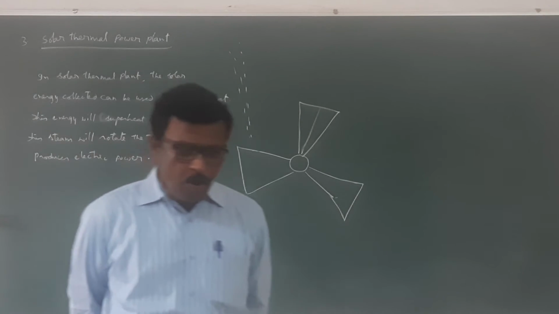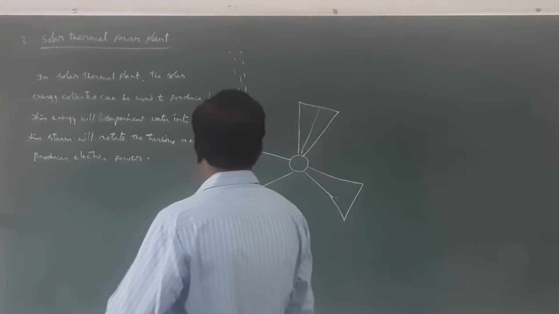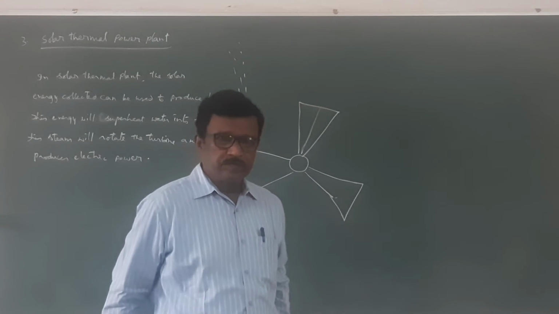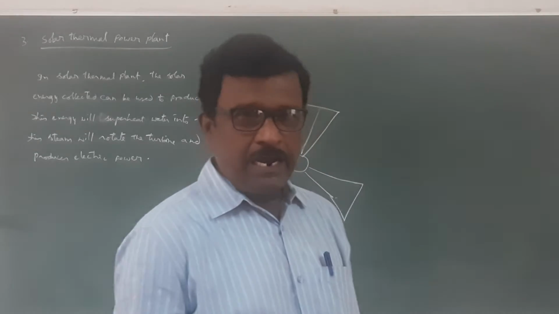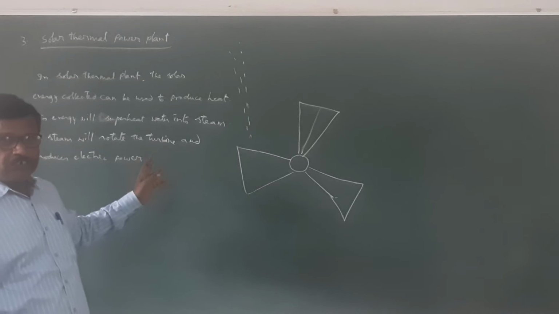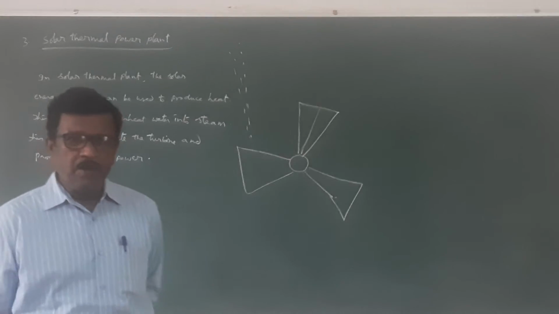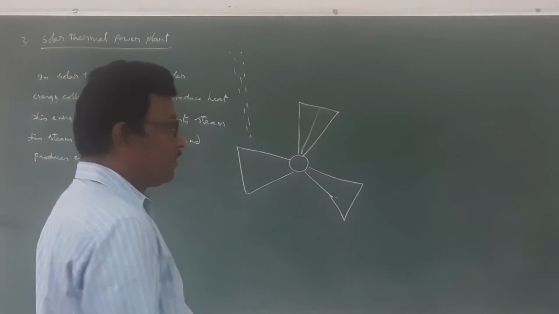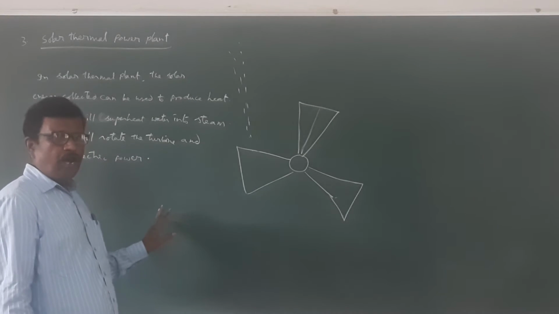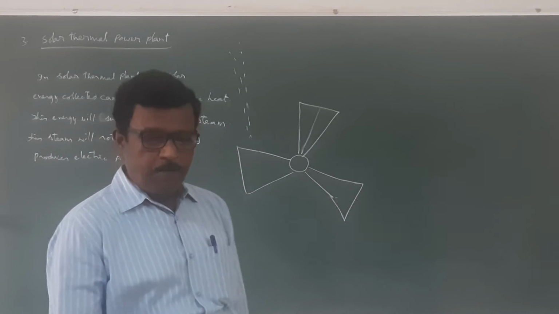Due to more scientific advancements, more solar energy is collected, and the collected solar energy is effectively utilized for producing steam. With that steam, we are able to run the thermal power plant. Because this thermal power plant utilizes solar energy, these are called solar thermal power plants.